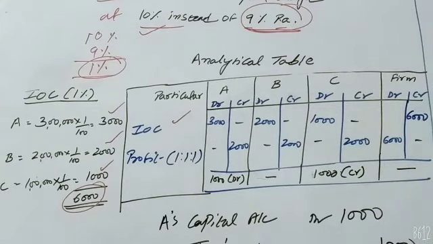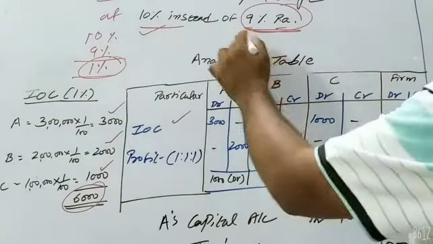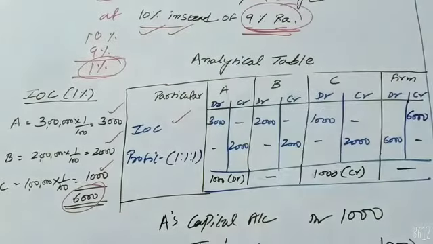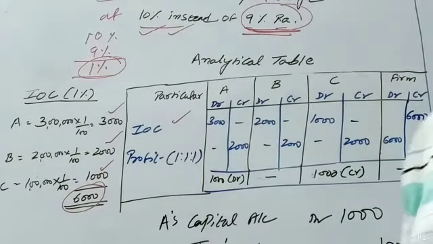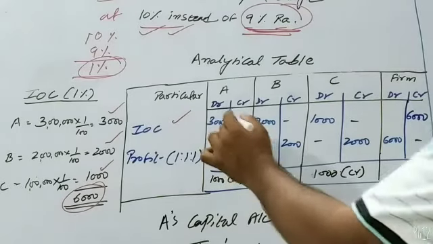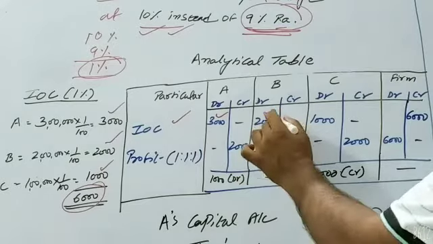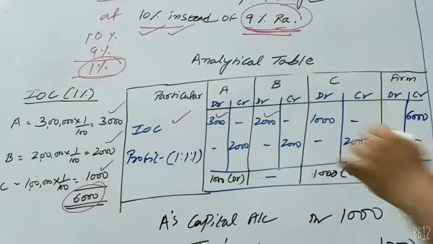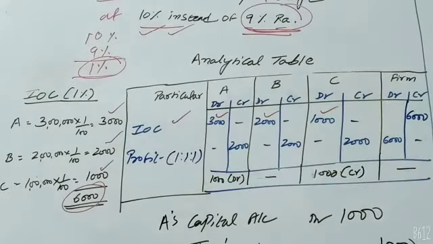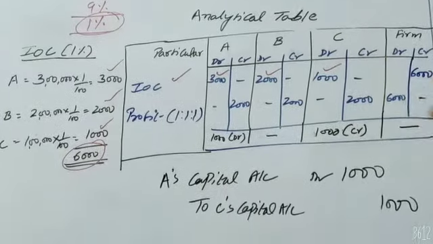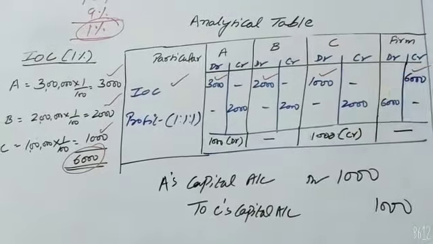As we know, interest on capital is credited to partners' capital account, but in this case as we have charged extra interest on capital, that is instead of 9% we have charged 10%, so the 1% extra which we have given will be withdrawn back. So we are writing on the debit side interest on capital. A is 3,000, B is 2,000 and C is 1,000, and for the firm it will be credited by the total, that is 6,000.